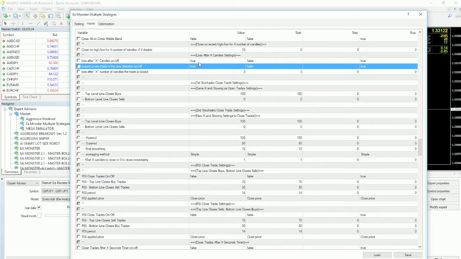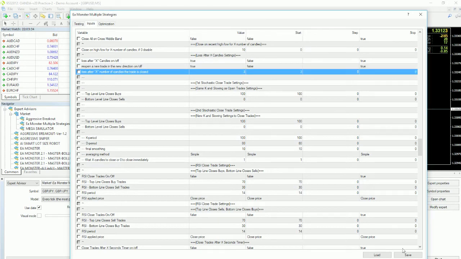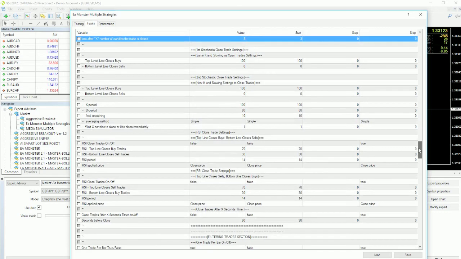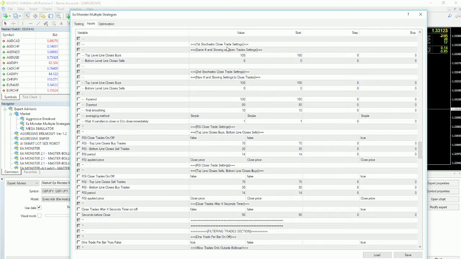If it opens, closes and reopens, you might be able to work out an algorithm using just this to create a pretty good sniping strategy. I haven't done much with it, but I'm giving myself an idea here. Might even do that after this video.